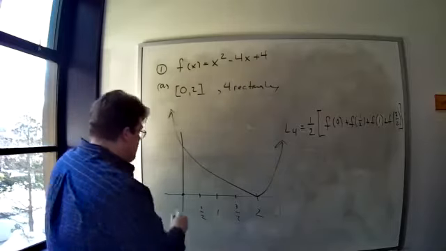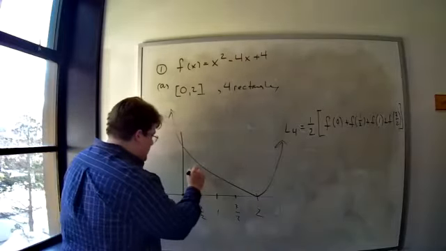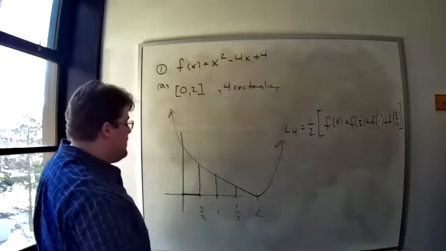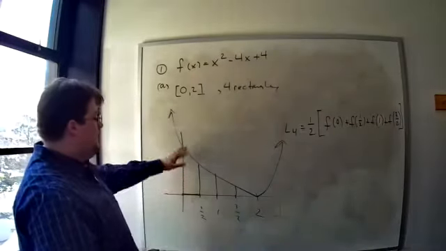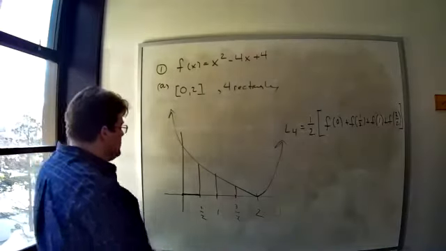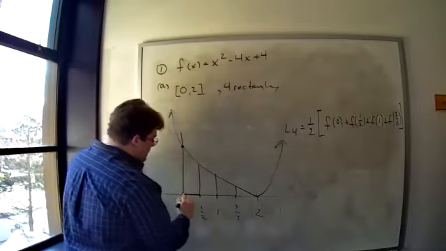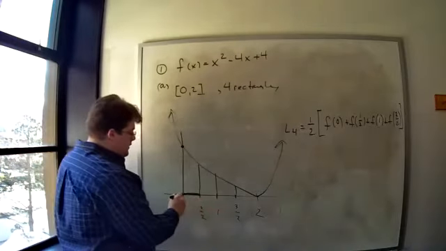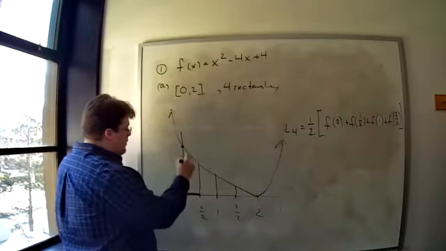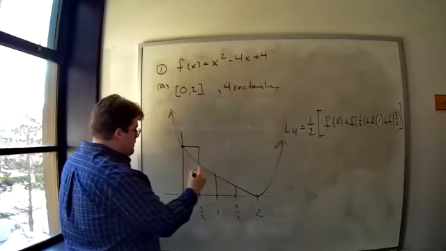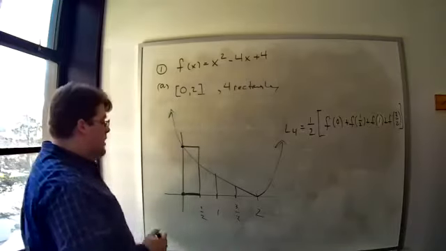And then each of these, well, let's draw these lines first. So we're dividing up our region like that. But in order to approximate each of these areas, we're using rectangles. And for this first approximation, we're using, for each interval, the left endpoint. So here we're going to start with this endpoint. The function evaluated at that endpoint goes up here. And we're going to use that to form a rectangle.